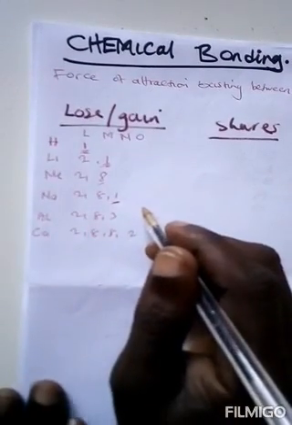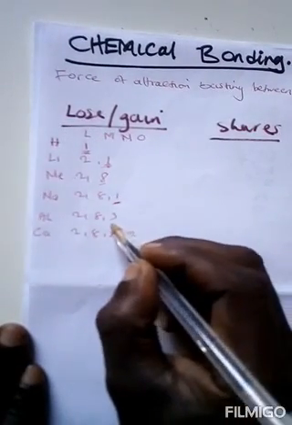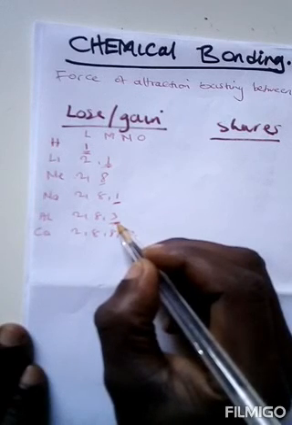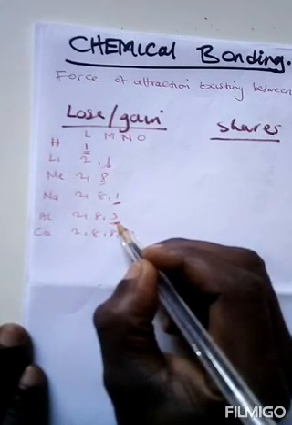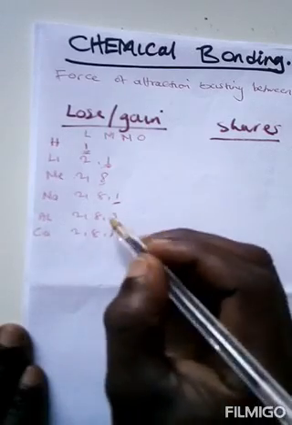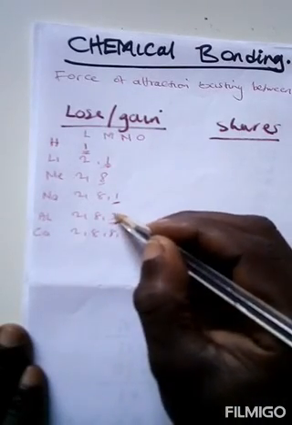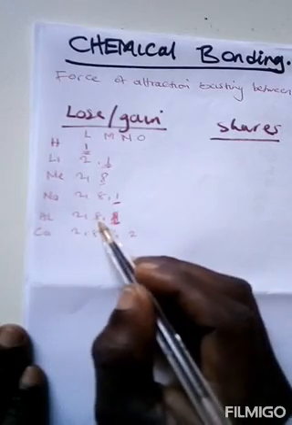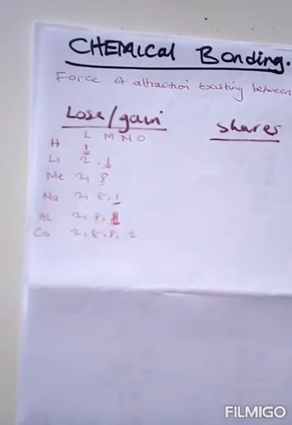For aluminium, the last shell has 3, so it cannot gain the 5 to make 8. It can easily lose those. Imagine aluminium loses that, it now remains with 2 shells, and the last shell will be fully filled, then it's stable.